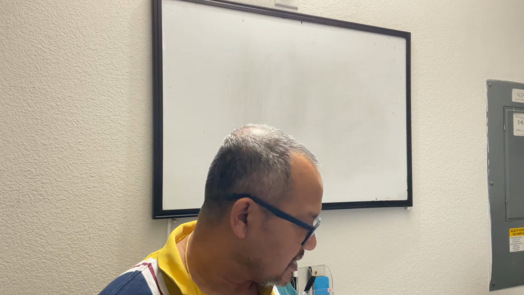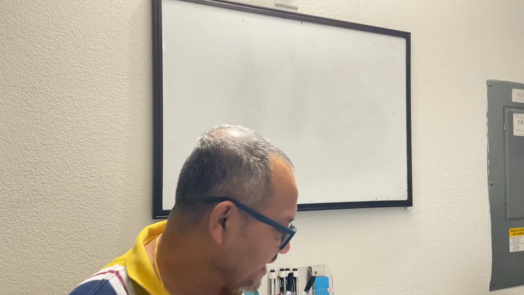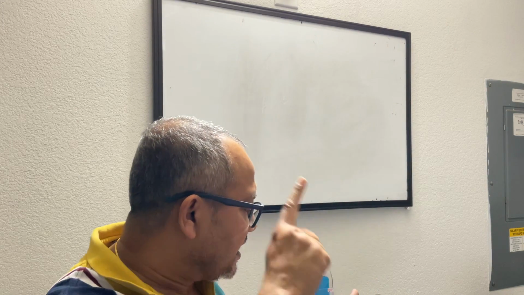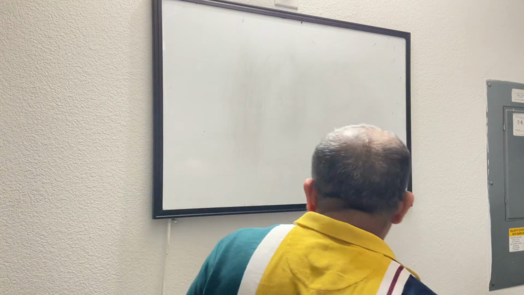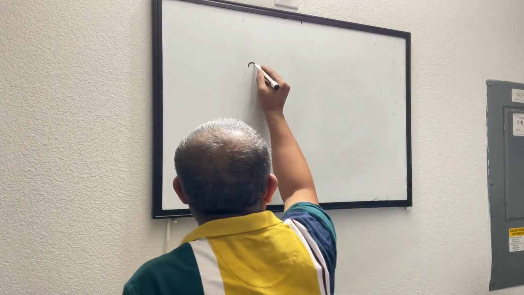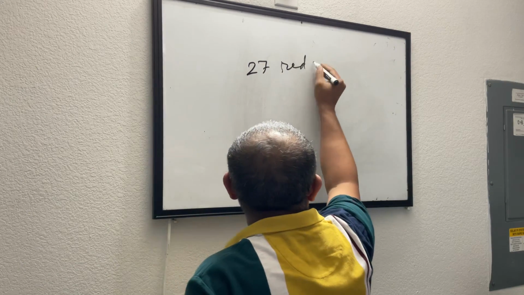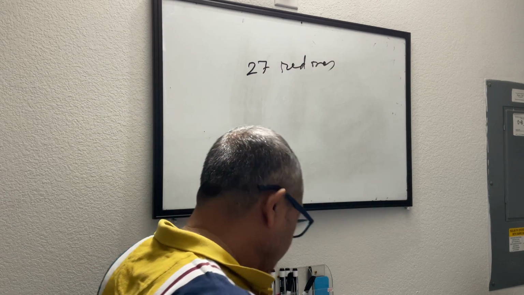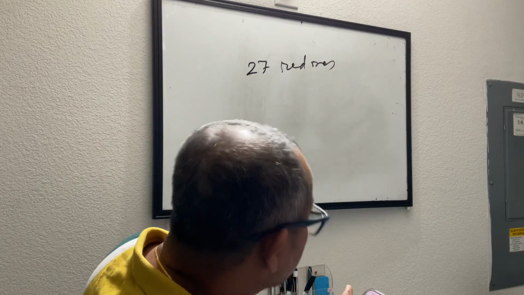Samuel has a collection of toy cars. His favorites are the 27 red ones, which make up 60% of his collection.